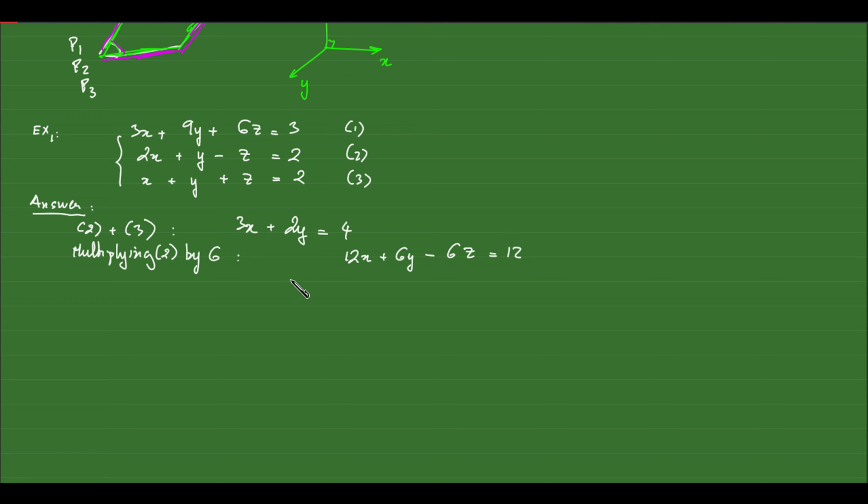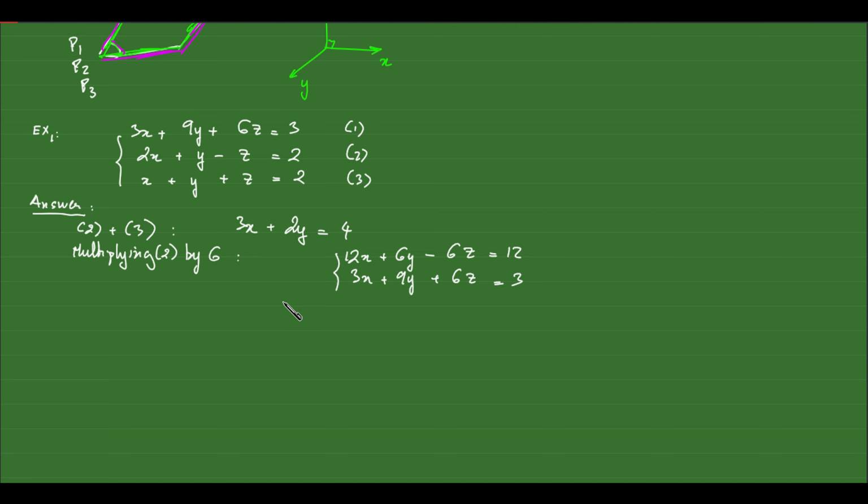Then if we combine this with the first equation and add these two up, we can eliminate the z.